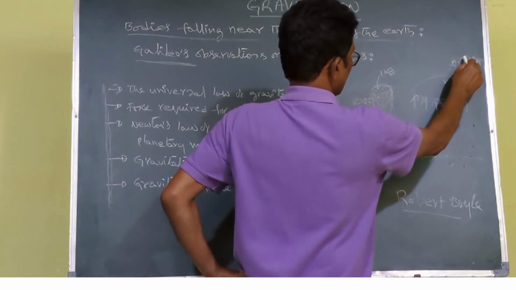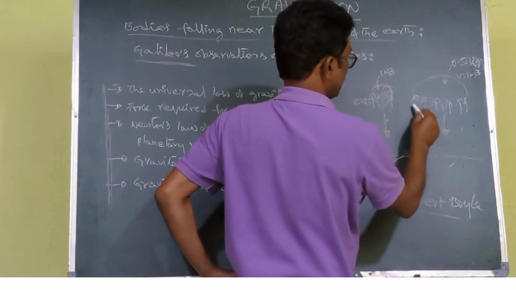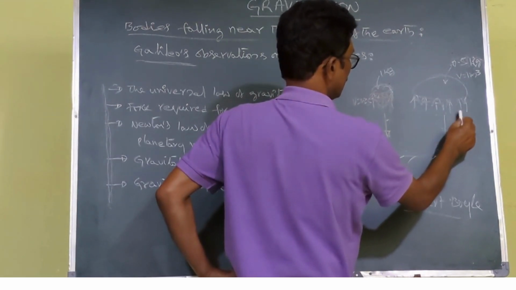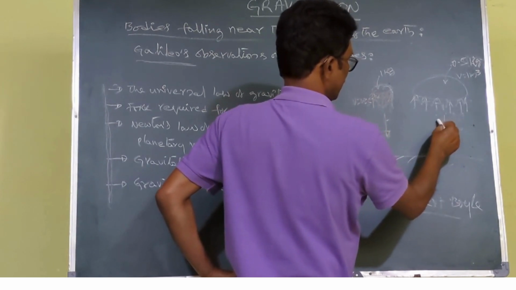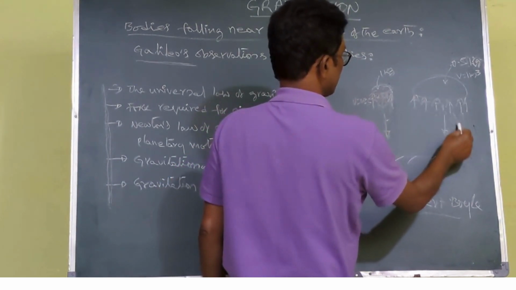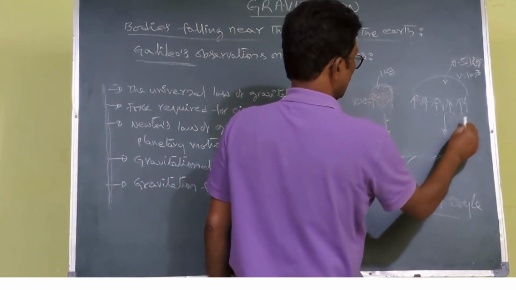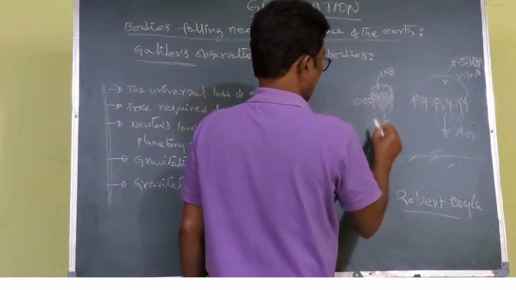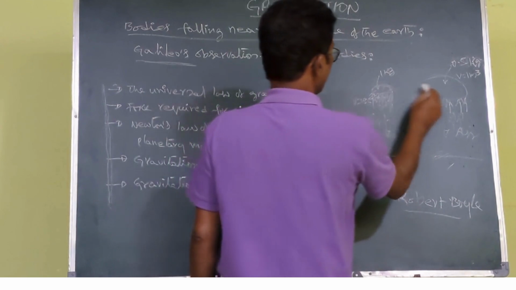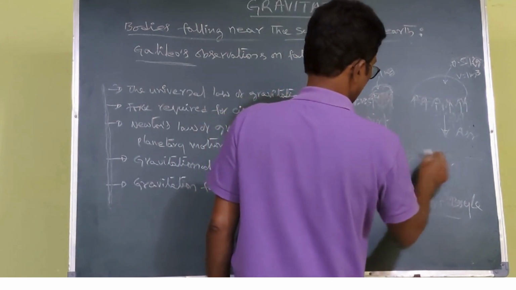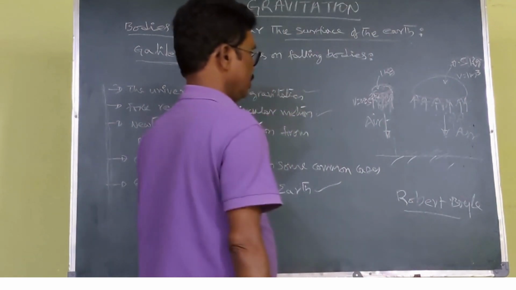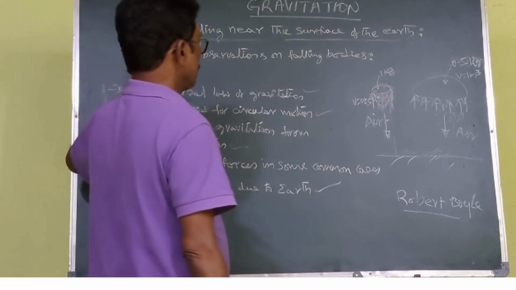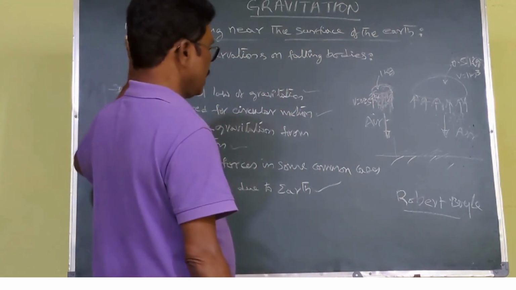Whereas in this case, the mass is 0.5 kg but a large area is exposed to the air, so more force is acting in the opposite direction. Suppose we assume there is no air, both are falling and reach the ground more or less at the same time. These are the observations proposed by Galileo.